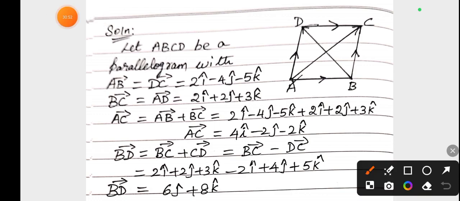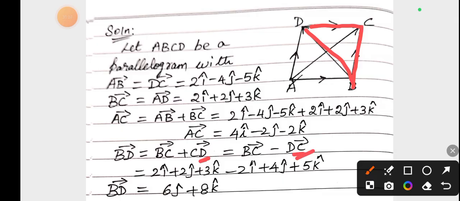So what is BD now? You can say BD as BC vector plus CD vector, but DC is what is given in the arrow mark, so the CD you want to convert as minus DC.